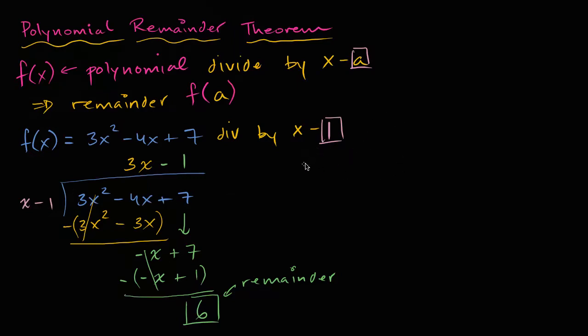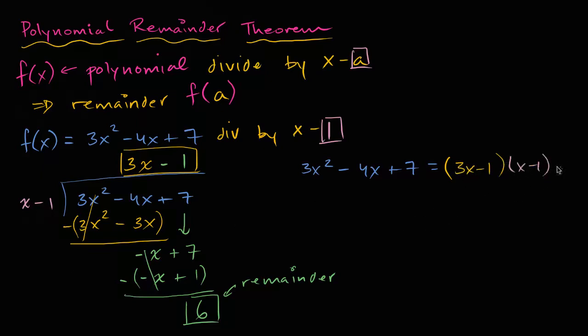So we could have said 3x squared minus 4x plus 7 is equal to x minus 1 times the quotient right over here, or you could say the quotient times x minus 1. So it's going to be equal to 3x minus 1 times the divisor x minus 1.